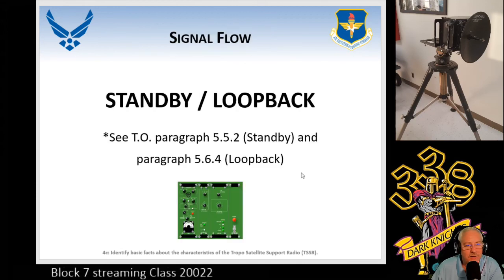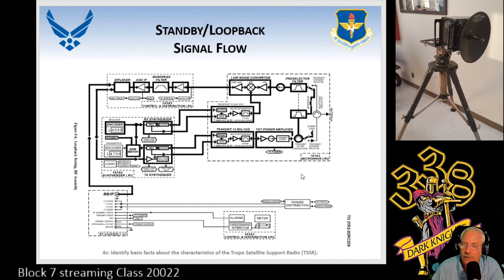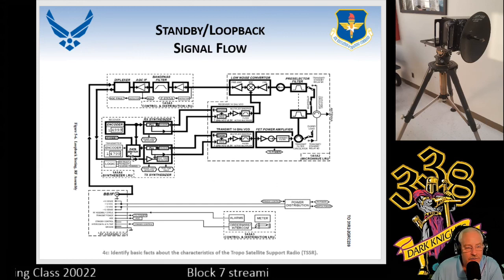Now when we get into standby loopback, I've just described to you the voice side of the house, but also the RF frequency. How do we account for that? Well, remember that data switch right here?